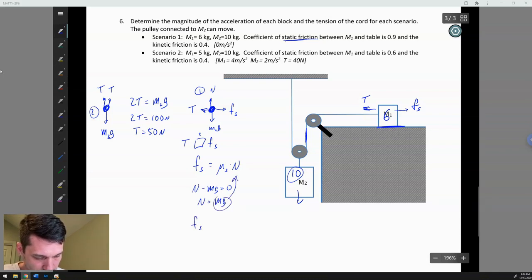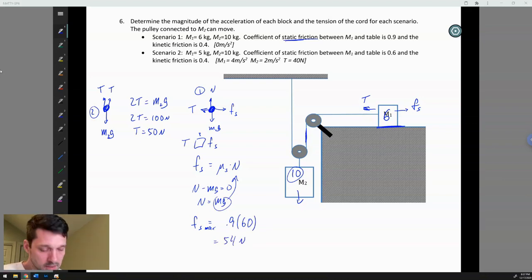So the maximum static friction would be 0.9 times 6 kilograms times 10, so it's 0.9 times 60. 0.9 times 60 is 54 newtons. That tells us that the maximum possible static friction that could exist on that block is 54 newtons, which is greater than the tension.